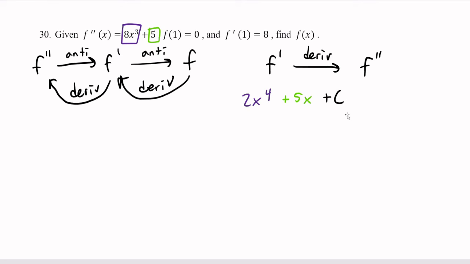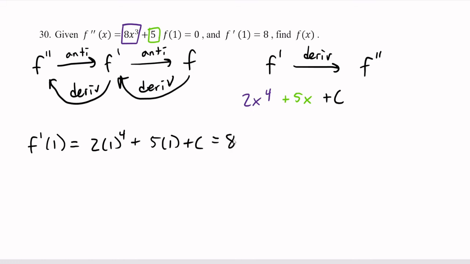Boom. We took f double prime, we did an antiderivative, and we got here. Now, what do we know? We know a specific value for f prime. We know that f prime of 1 is 8, so we're going to use that to figure out c. So f prime of 1 is equal to 2 times 1 to the 4th plus 5 times 1 plus c.